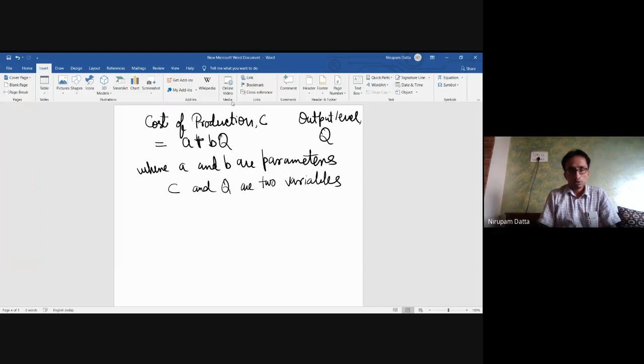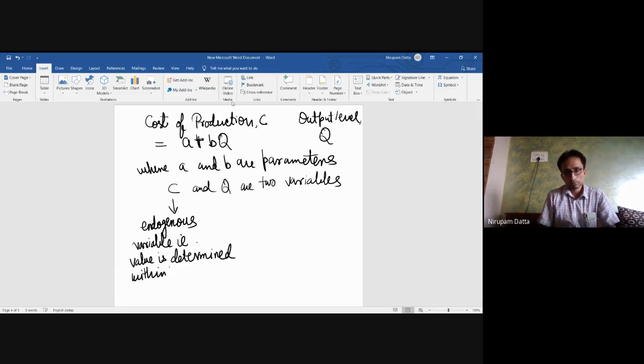Since the value or behavior of C depends on the output level, it is known as the endogenous variable. What is an endogenous variable? The variable whose value is determined within the model. We can see very clearly that the value of C is determined by Q. Whenever Q changes, C will change, not vice versa.